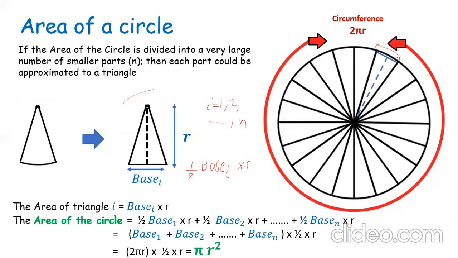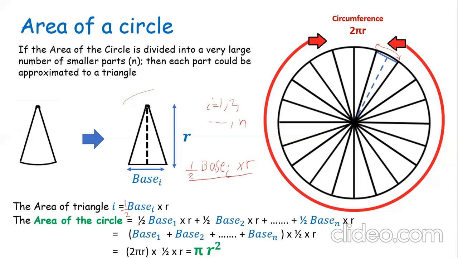Now the area of the triangle i is equal to half multiplied by base i multiplied by r, exactly like this one. And the area of the circle will be equal to the sum of the areas of all those small triangles.